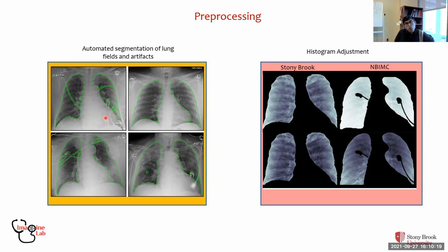The other thing that was interesting here was that right when the pandemic started, a lot of papers started coming out, especially from Asia. A lot of these initial papers took the entire image for their analysis.